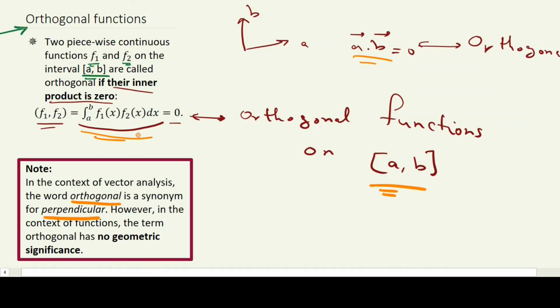You may wonder why that is important then, and you're going to soon realize that functions with this property are very helpful and provide a really powerful tool when we want to solve partial differential equations. Since they are very important, they deserve a name, and by analogy with orthogonal vectors, we call such functions orthogonal functions, although there is no geometric significance behind that term.